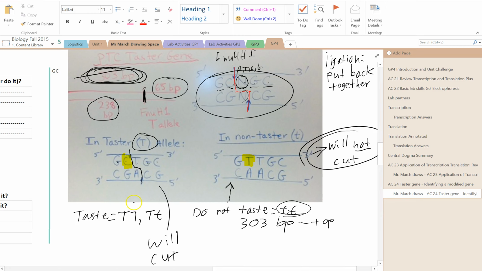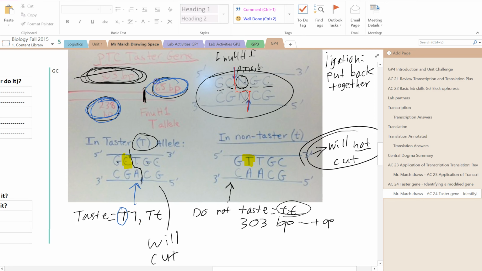If you're a taster, you have 2 options now. You could be homozygous dominant, capital T, capital T. In that case, both of your alleles will be cut. So you will get one piece that's 238, one piece that's 65 for your first allele, and your second allele, since it is the same letter, will be the same thing.